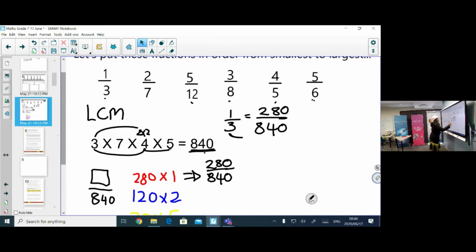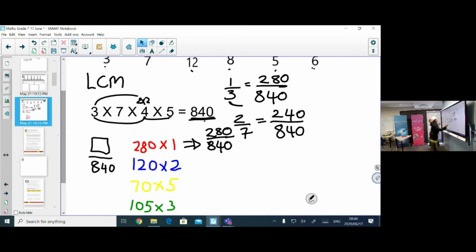So we are going to write 2 over 7 is equal to 840. 7 into 840 goes 120. 120 times 2 is 240. So we got that one there. So I'm putting an arrow there. We are having 240 over 840.